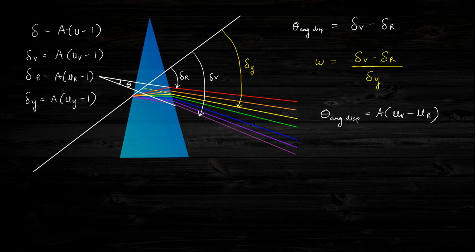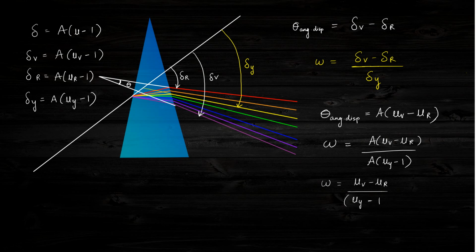And omega for thin prisms is going to be given as A into mu violet minus mu red upon delta yellow, which is A into mu yellow minus 1. So that means omega will be equal to mu violet minus mu red upon mu yellow minus 1. So this is valid for thin prisms. These two formulae are valid for thin prisms.